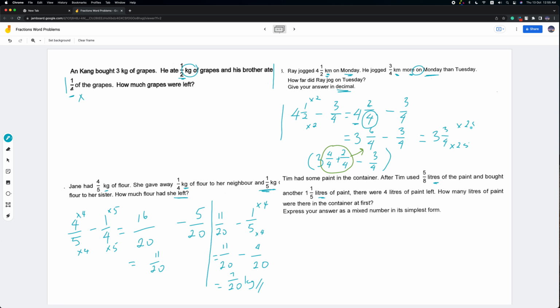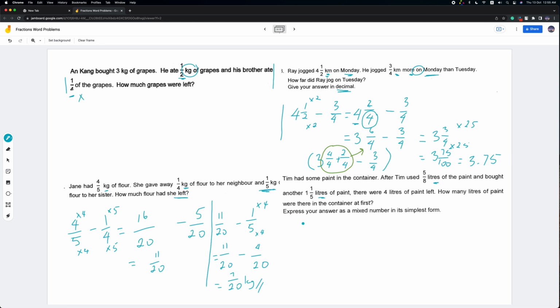Multiply by 25, so we get 75 over 100, which simply equals 3.75. I think I've exceeded about 20 minutes. But let's just finish this last question and then we'll end the video and continue the rest of the questions in the next video.